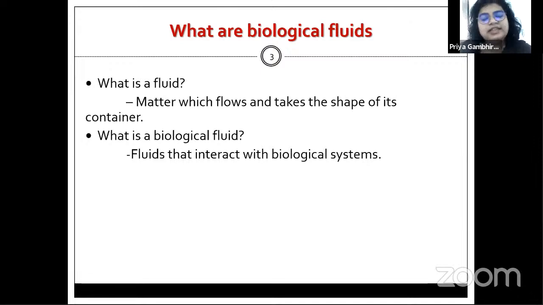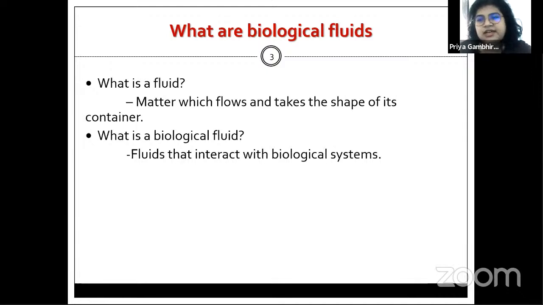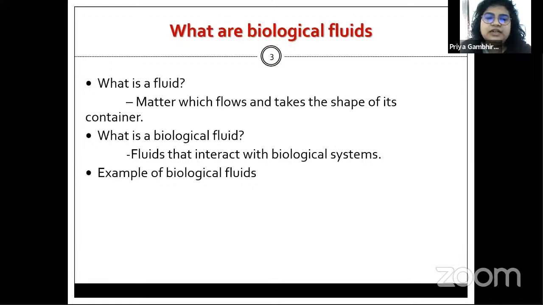So fluids that are present in our body, and we can very broadly define biological fluid as fluids that interact with biological systems. So it need not specifically be humans. It can be any other biological system, like microorganisms or even any other living system like birds or fishes and things like that.